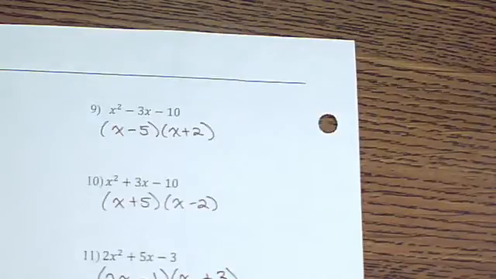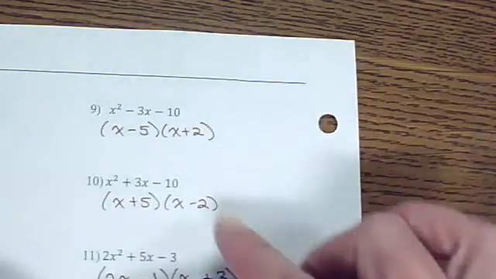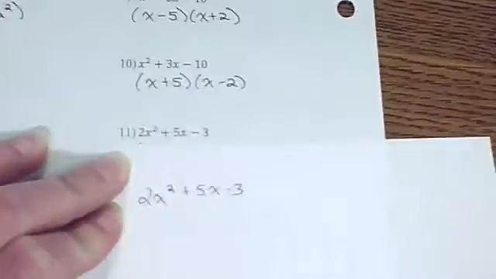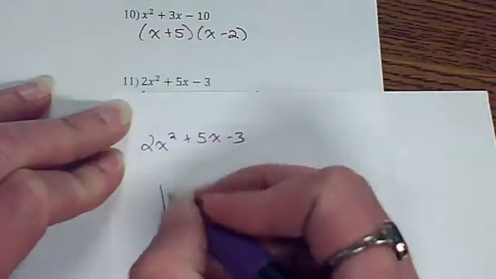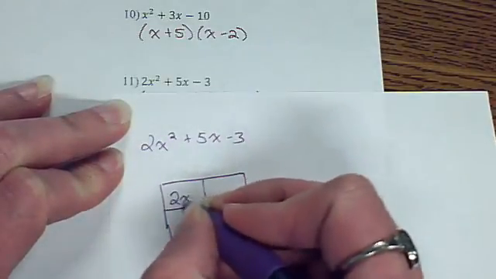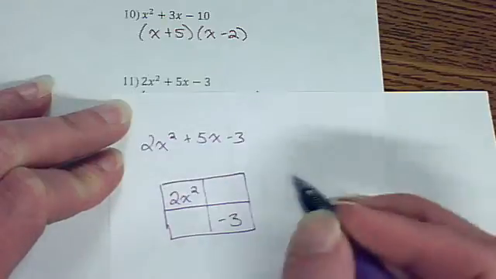Now, 11 and 12, I would probably use the box. It's a lot easier. So if I had 2x squared plus 5x minus 3. Now, if we're using the box, I know that the first term goes here. Last term goes here.